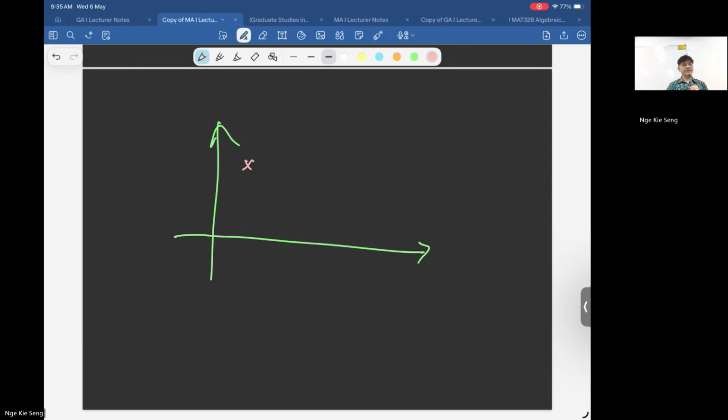One, two, going up. What's the height? When n equals one, what is the value? Zero. And then negative one, so you go down.